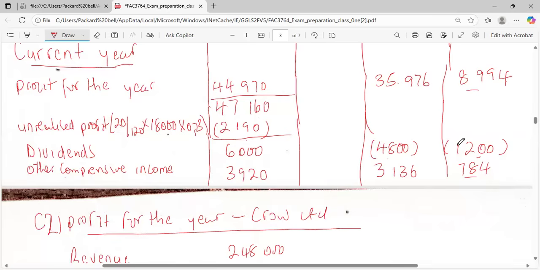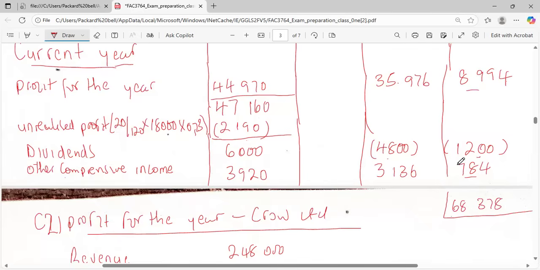So this is going to be our NCI. It's going to be 68,378.